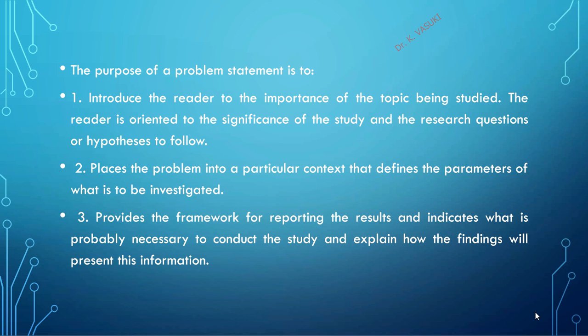So it directs you toward proper research, and you can have clear insight. It clearly tells you the parameters of what is to be investigated. You should not collect irrelevant information and you should not deviate from it. So it clearly gives you an idea, defines and guides you.